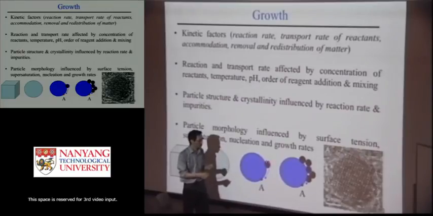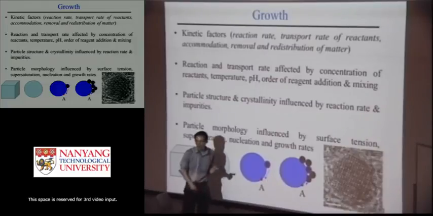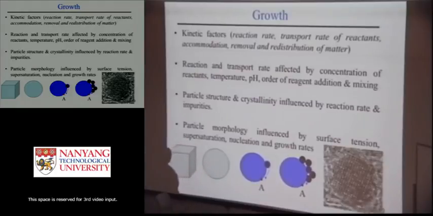Maybe the right position for this atom should be this red dot. So this atom should start some so-called surface diffusion in order to achieve the right position. If the accommodation process and the reaction rate are relatively slow, the atom has enough time to diffuse along the surface to reach the right position.